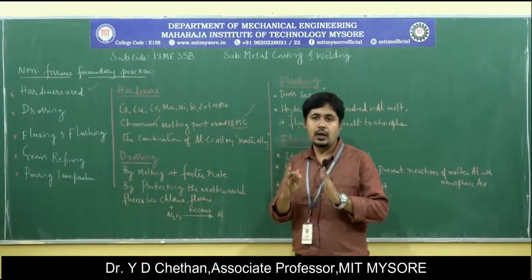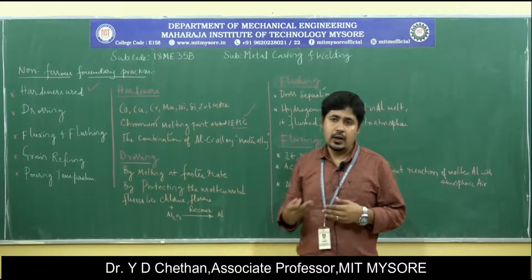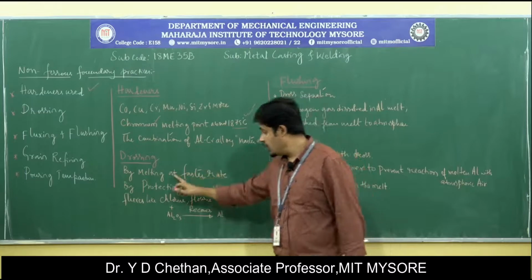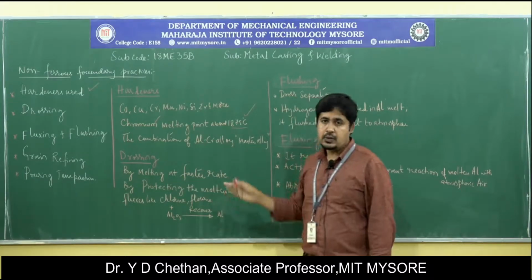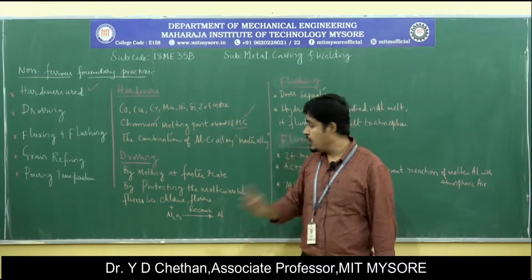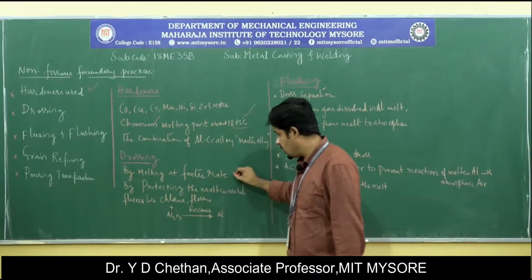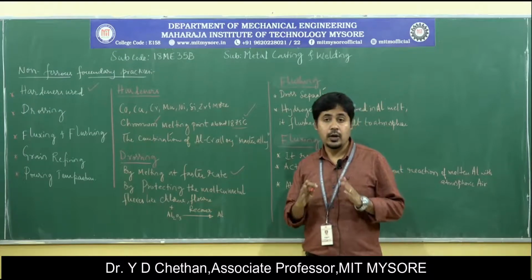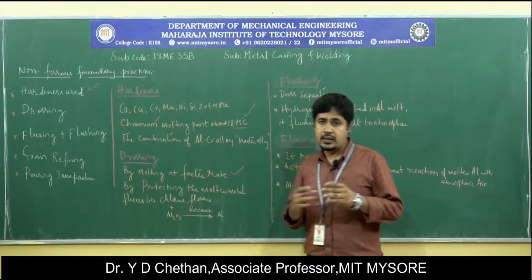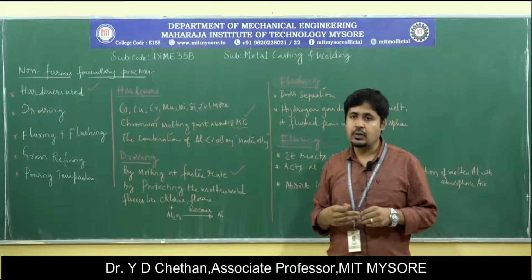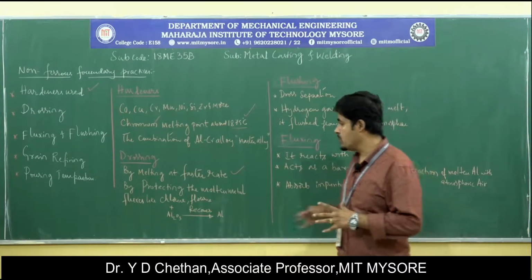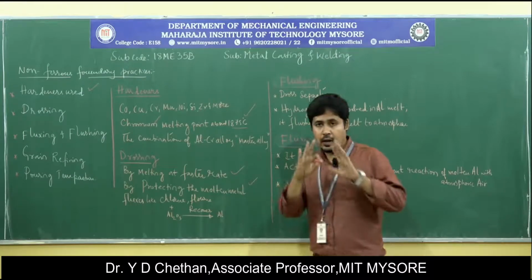Impurities can be reduced by melting at a faster rate, and then by protecting the molten metal. As it readily reacts with atmospheric air, we have to protect that particular molten metal so that the drawing could be reduced.